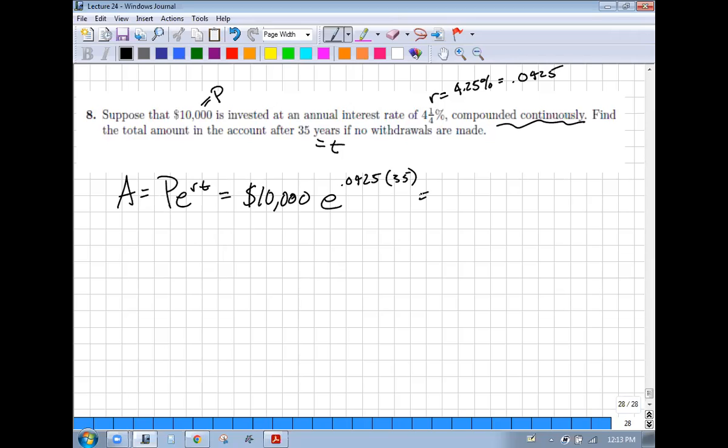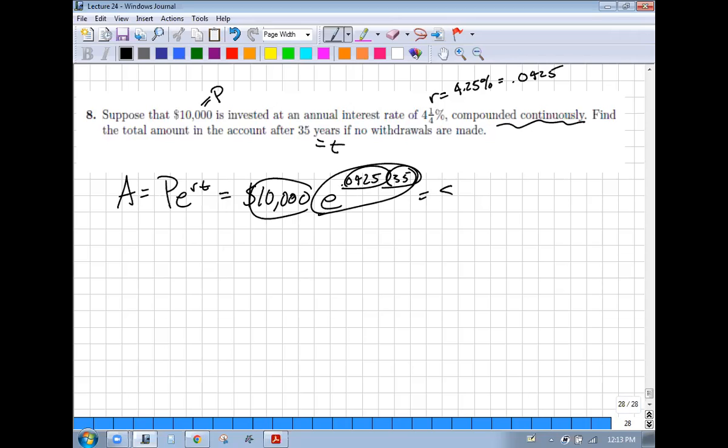So I start here, 0.0425 times 35 equals, and now e to the, so I did that, and now I multiply by 10,000. I did something wrong. Hold on. 0.0425 times 35, e to the, times 10,000.